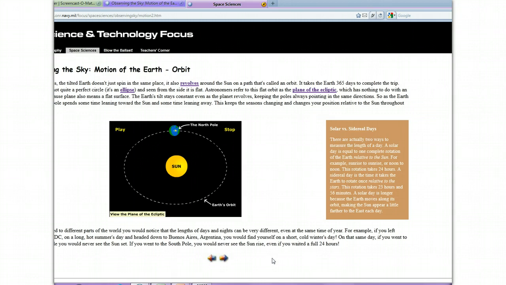We also learned that the Earth has a revolution around the Sun, and it takes how long? 365 days, or a year, for the Earth to revolve around the Sun one time. And you will notice that as it is revolving around the Sun, the axis of rotation is always pointed in the same direction.